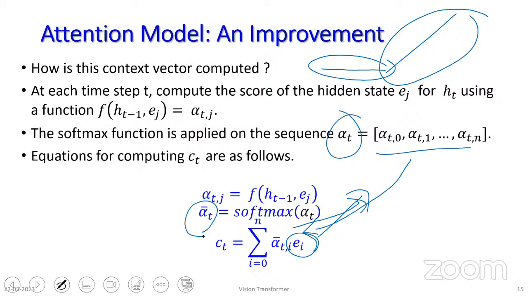Once I apply the softmax function, you know that this is an m-dimensional extension of the sigmoid function. And the sigmoid function's values lie between 0 and 1, right? That is the purpose. So the higher the value of alpha_ti, the higher the probability that the decoder needs to pay attention to the hidden state e_i, and the corresponding word.